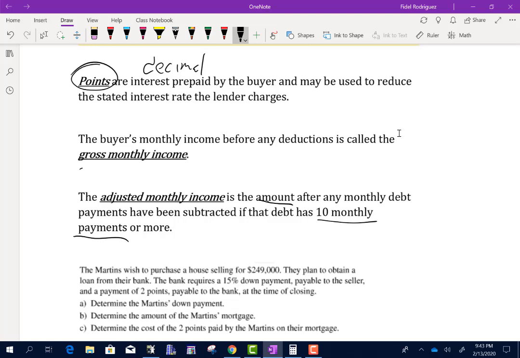The time that we're going to use the adjusted monthly income is if you have, say, a car payment. If you have 9 payments or less, nobody cares. If you have 10 payments or more, then it becomes something to consider, okay? And I say car payments because that's typically what we have as a monthly payment, but it could be credit cards and things like that.